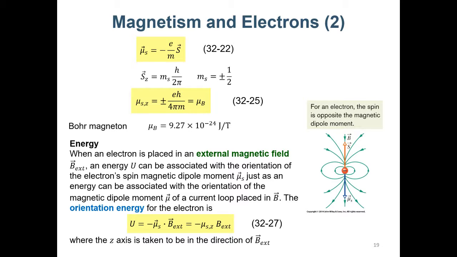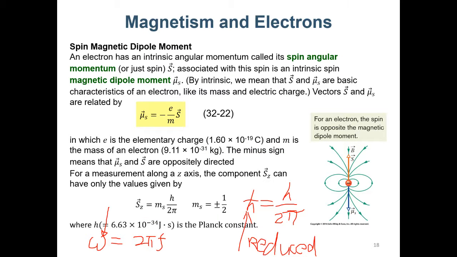And then we substitute this dipole moment. We substitute this into here, because spin is not observable.